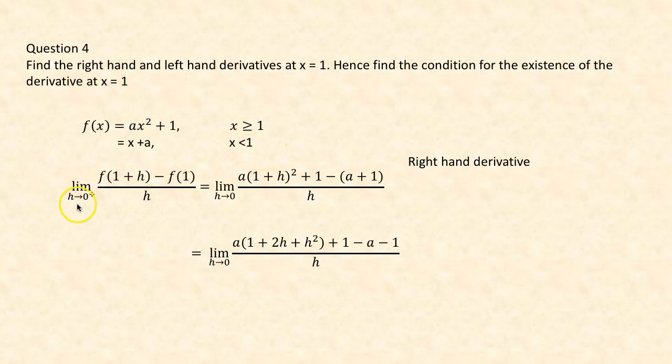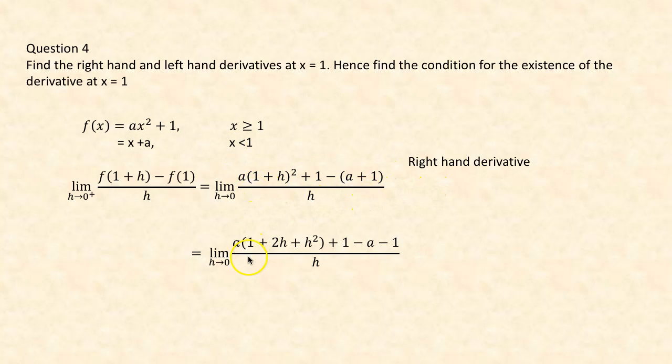The right-hand derivative is limit as h tending to 0 to the right, f of 1 plus h minus f of 1 by h. h tends to 0 to the right, so h is greater than 0, so 1 plus h is greater than 1. So f of 1 plus h would be a into (1 plus h) the whole squared plus 1. f of 1 would be a plus 1.